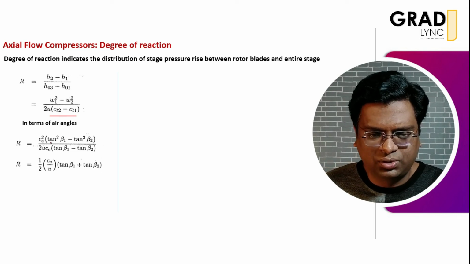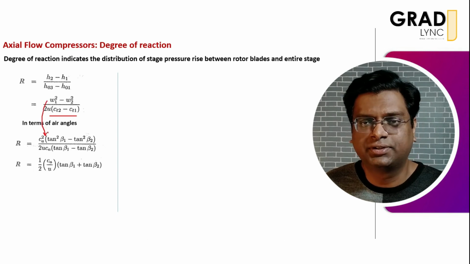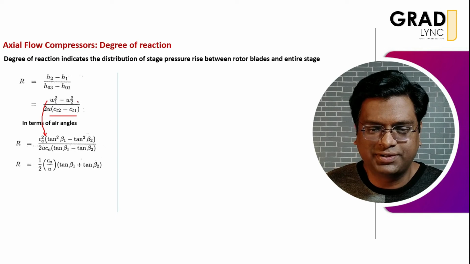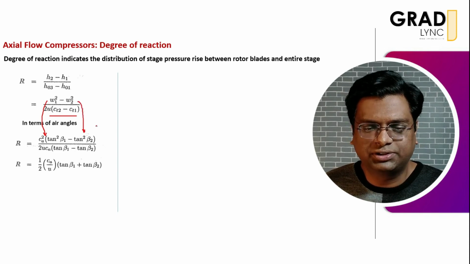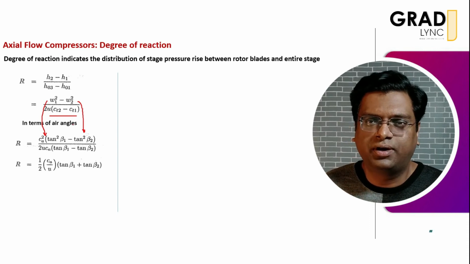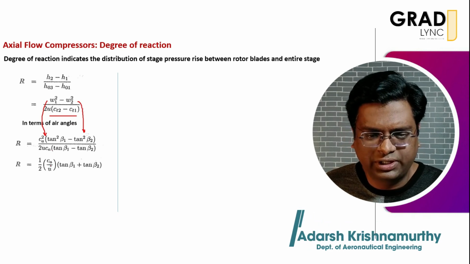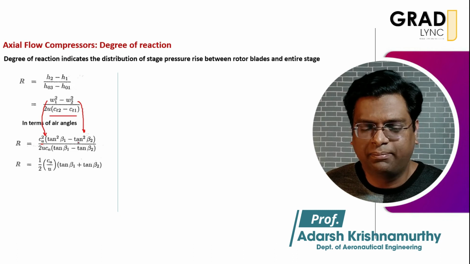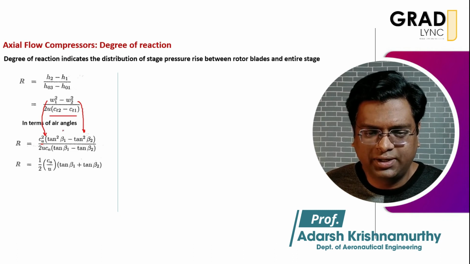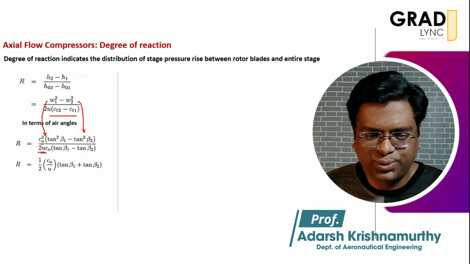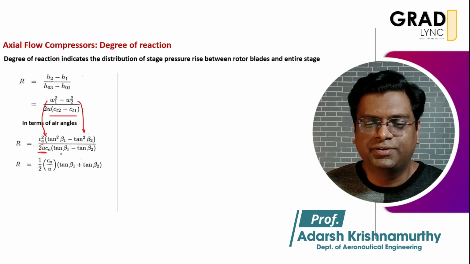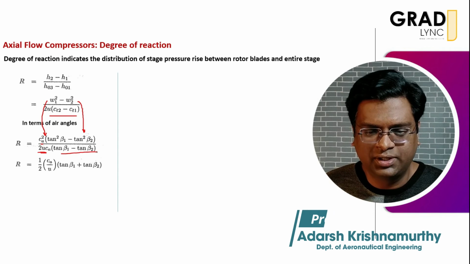I'm going to substitute the value of relative velocities and the tangential component of the absolute velocities in terms of blade angles, discussed in the previous sessions. So I'm going to get CA square multiplied by tan square beta 1 minus tan square beta 2, and in the denominator you have 2u multiplied by CA into tan beta 1 minus tan beta 2.